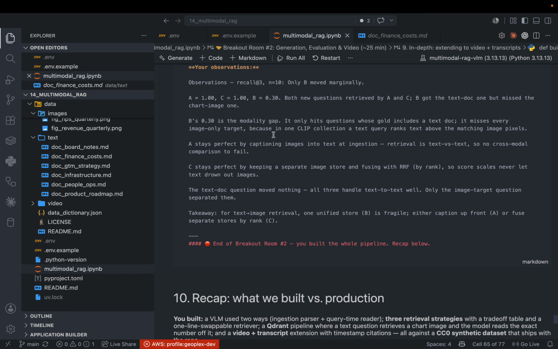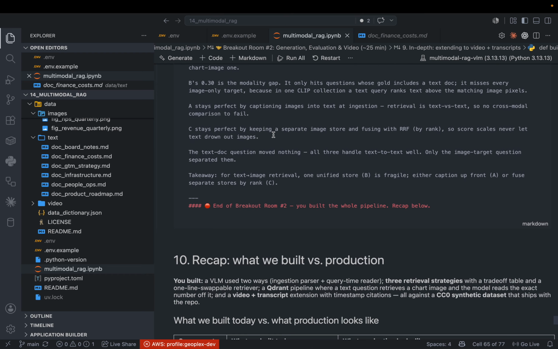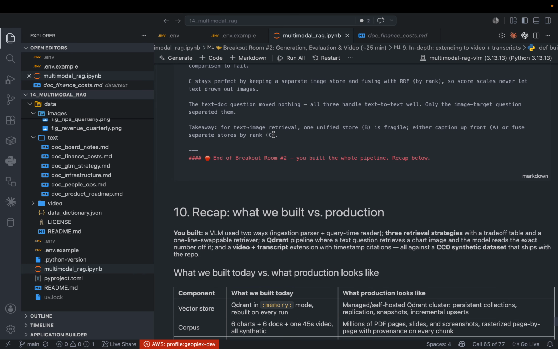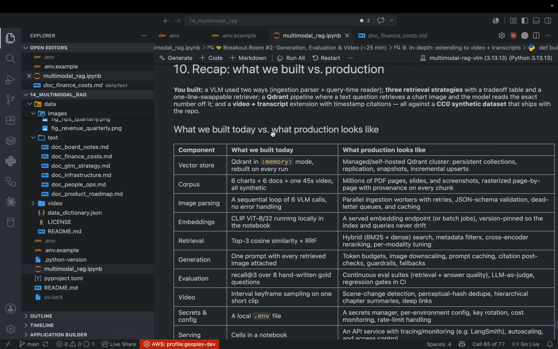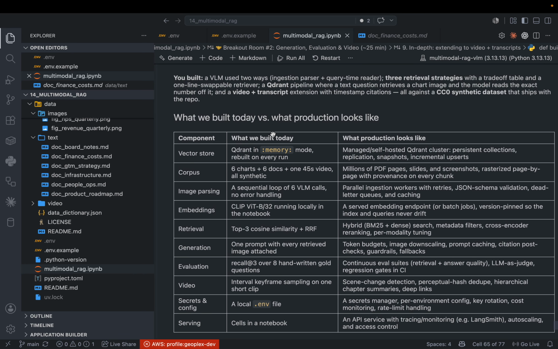But all in all, the VLM does two jobs. It's an ingestion parser and a query-time reader. Another important piece that I learned was that unified embeddings alone are fragile because of the modality gap. So you want to caption upfront or fuse by rank.